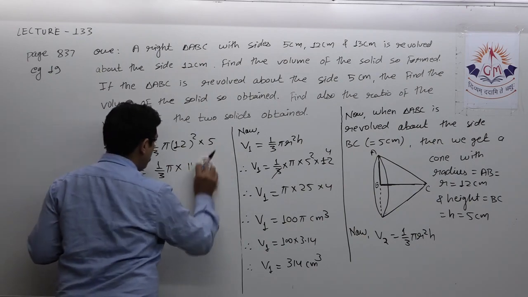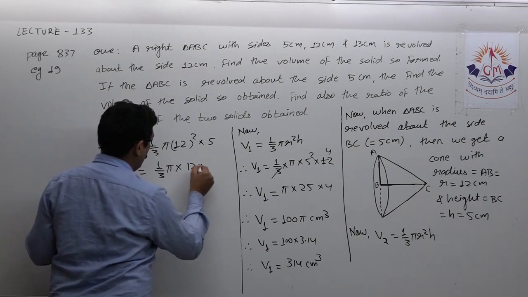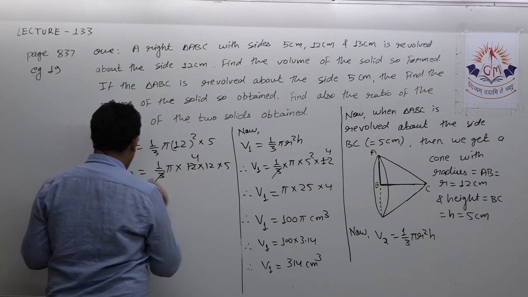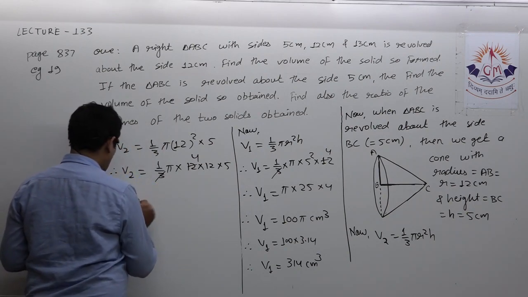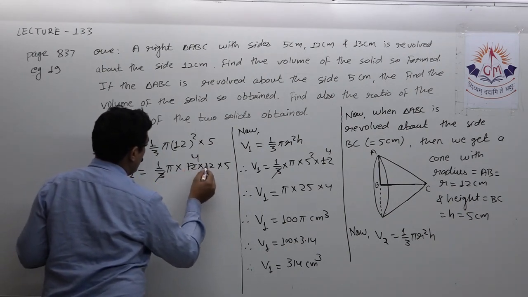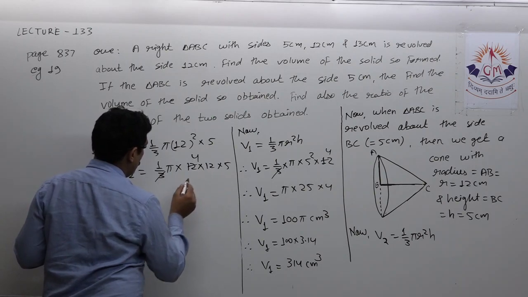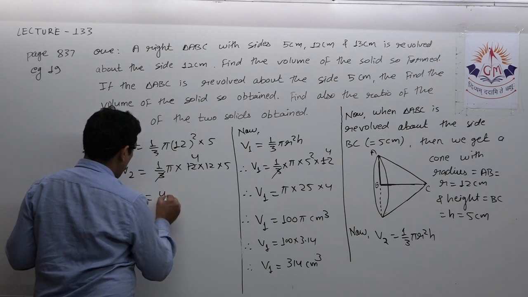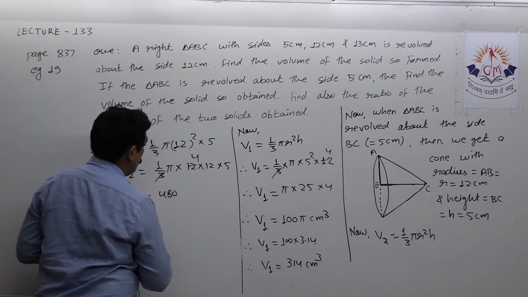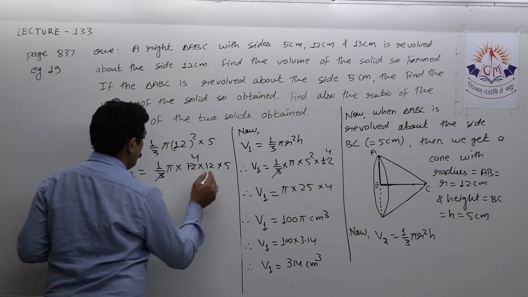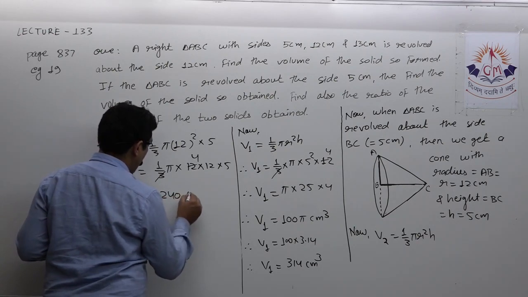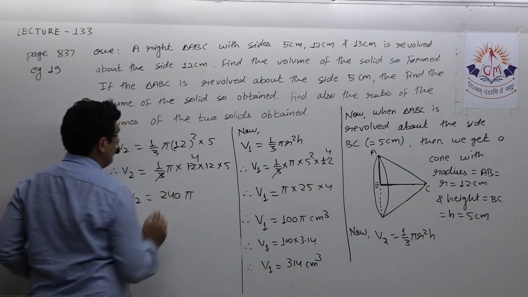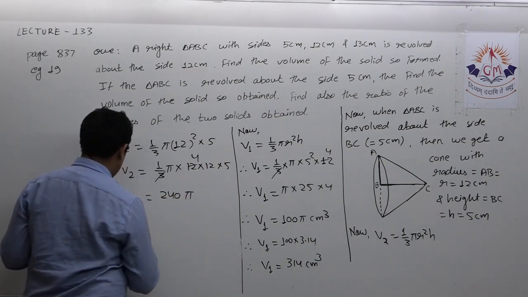Or if I write this 12 multiplied by 12 multiplied by 5, 3 4s are 12. So V2 is equal to 240 pi. 5 4s are 20, 20 into 12, so 240 pi.